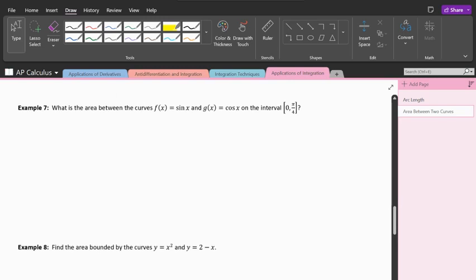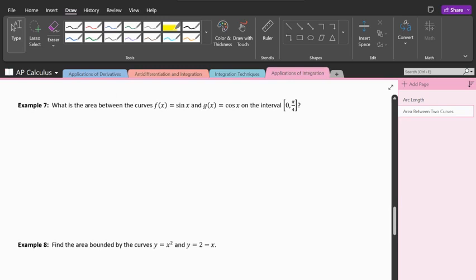Now, what if we don't actually have a graph? You need to either sketch one or figure out what your upper values and lower values are. I know that I'm going to integrate from 0 to pi/4 because that's given. And so I need to pick a value between 0 and pi/4 to evaluate to determine which function is greater.